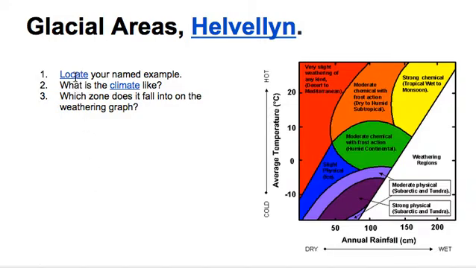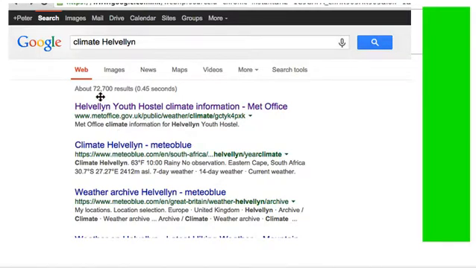You need to locate your example, find out what the climate is like, and find out which zone it falls into. Here is an example. Helvellyn, which is in the Lake District and is a cold area. Here we have an arête, a sharp peak. So I typed in climate Helvellyn.